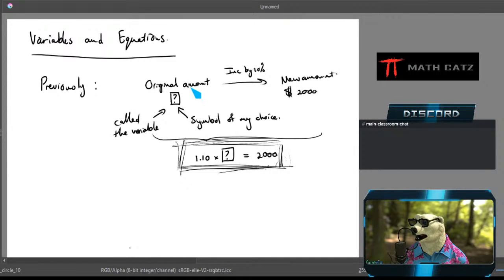As much fun as it is to draw smiley faces and question marks and stars, you're welcome to do that. But people got a little lazy and just use letters that don't come up often, like an X or a Y, instead of a more creative symbol. I like the symbols instead of the letters, but that's what people end up using. So you can really use anything at all for your variable name.